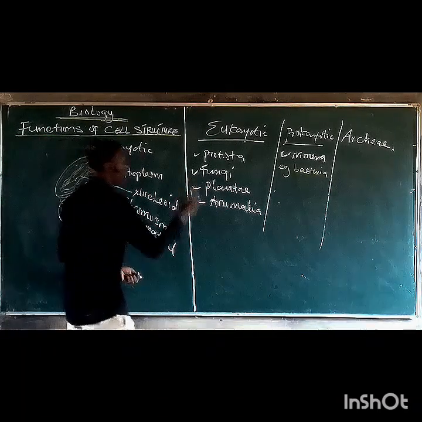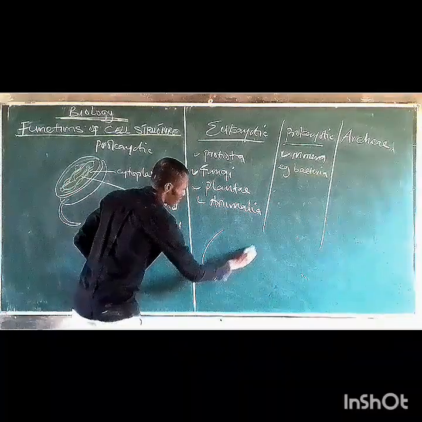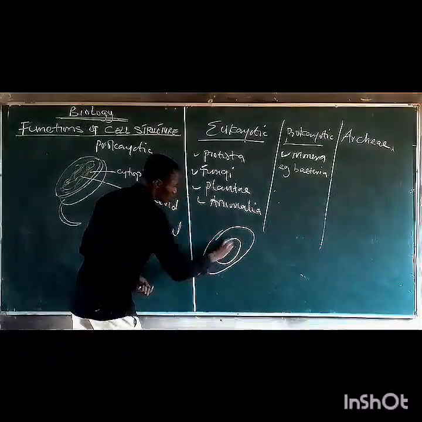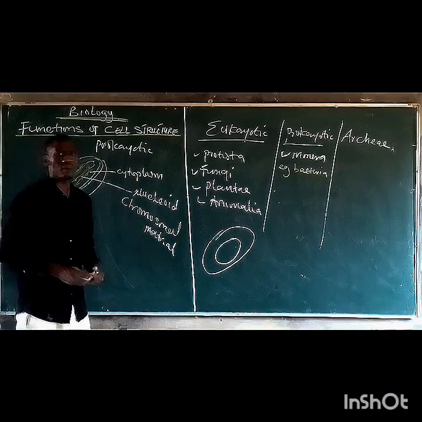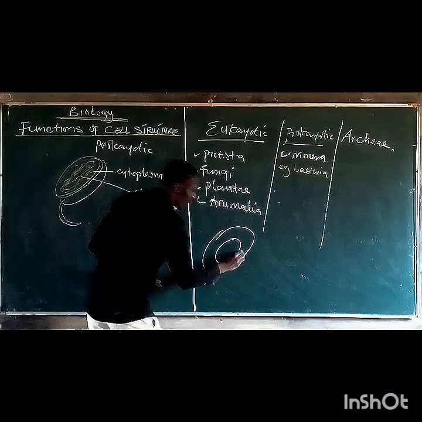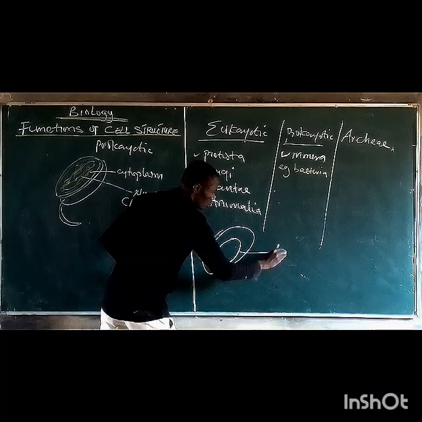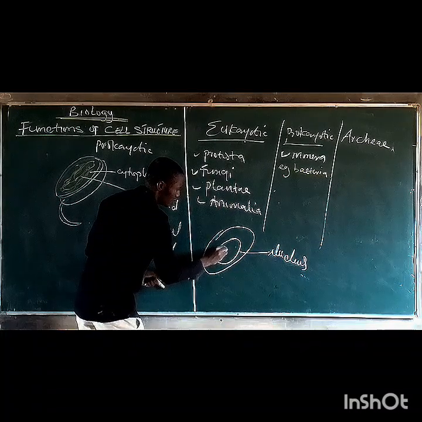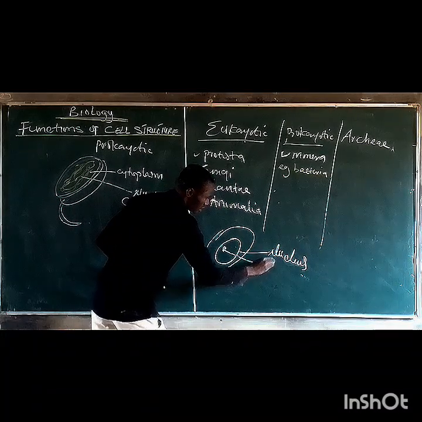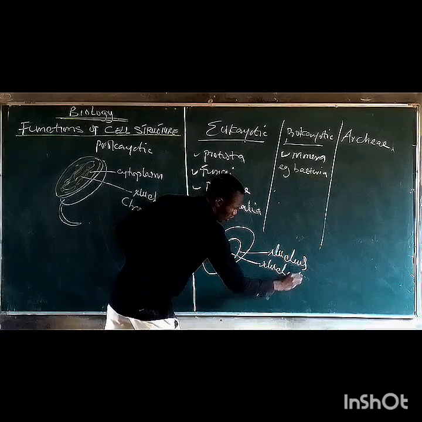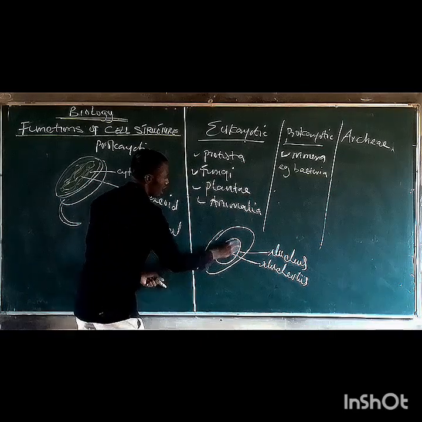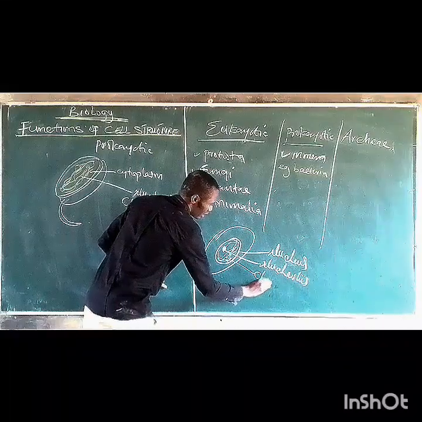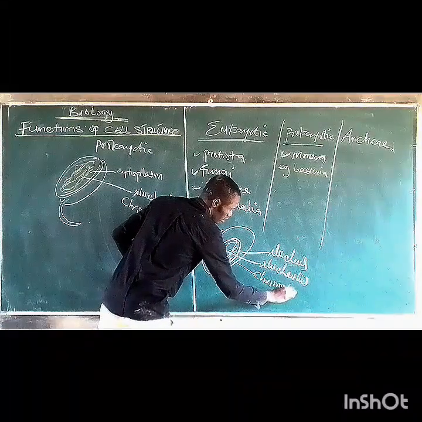But if you come to eukaryotic, let's use a typical animal cell. In a typical animal cell, the first thing to notice when you view a cell through a microscope is the nucleus. You'll find out that an animal cell has a nucleus, with the nucleolus, and then the chromatin.